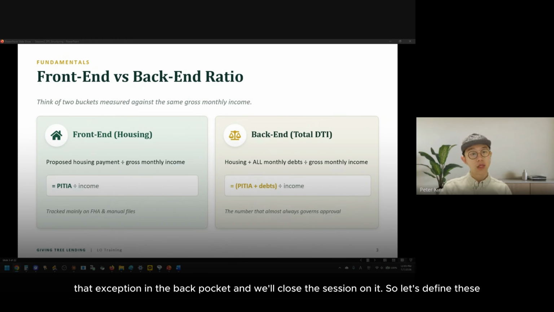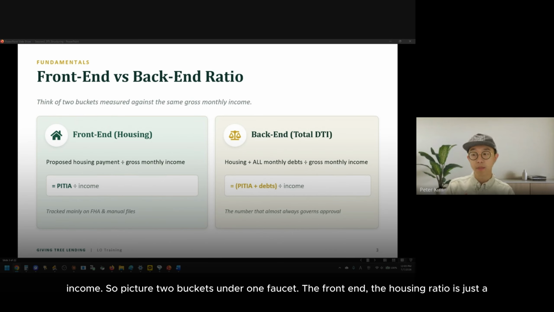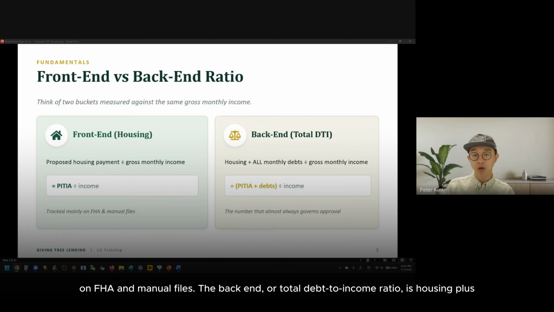So let's define these 2 ratios, the front end and the back end, both measured against the same gross monthly income. Picture 2 buckets under one faucet. The front end, the housing ratio, is just the proposed housing payment, the PITIA, divided by gross monthly income, and is tracked mainly on FHA and manual files.